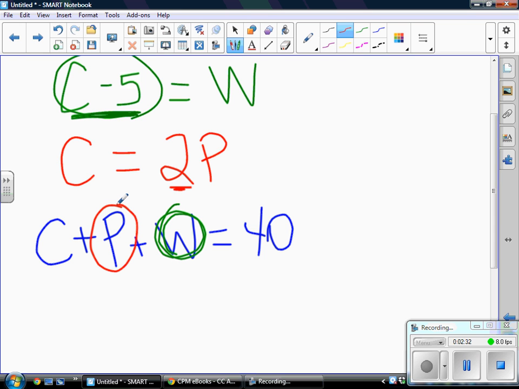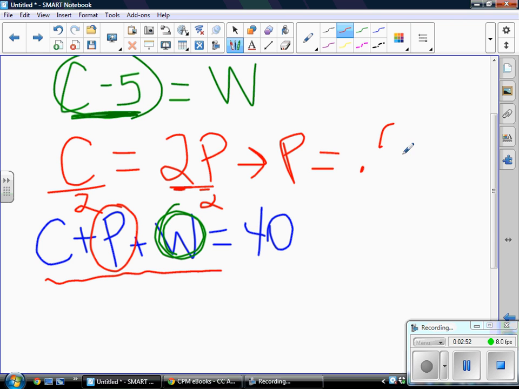And I want all of my variables in this final equation right here to be the same variable so I can solve for it. So if I change this equation to say P equals something, I'd have to divide by 2 on both sides. I'd have to divide by 2 over here. So I could really say P equals half of California. So now I'm going to replace this with P down here.